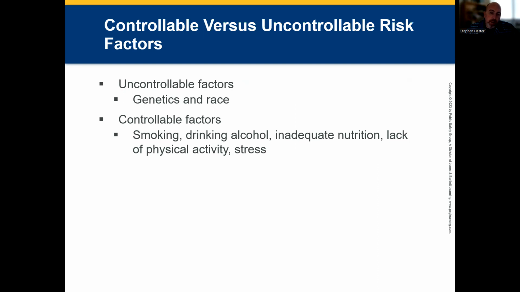These are all things that you can prevent, avoiding cellular death or causing disease. If you're going to smoke, you're probably going to end up with emphysema, COPD. If you're a heavy drinker, you're probably going to end up with liver disease. Inadequate nutrition means malnutrition, and lack of physical activity, of course, means obesity.